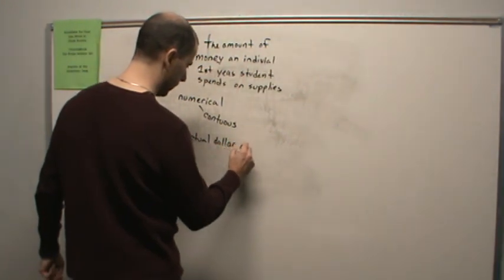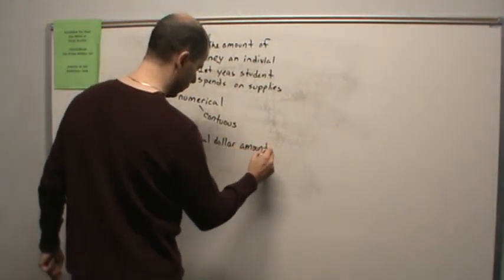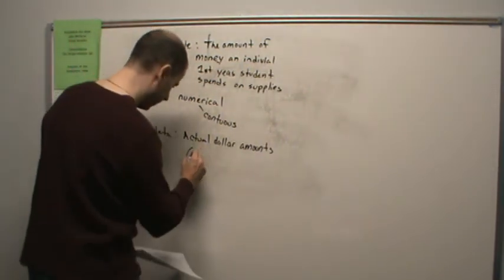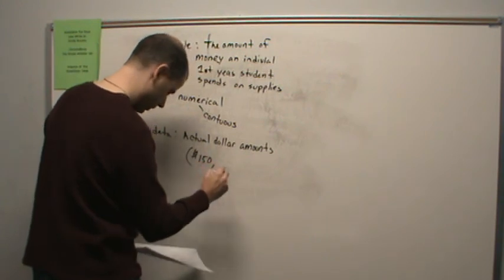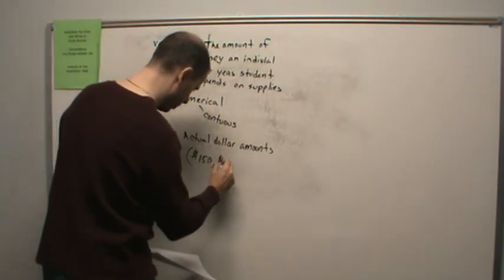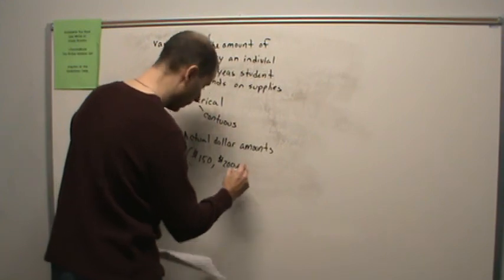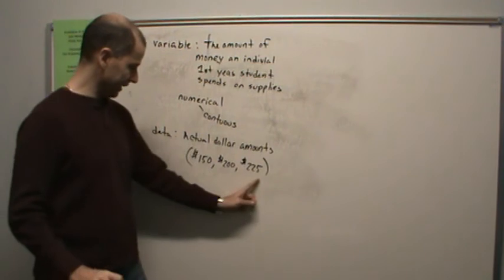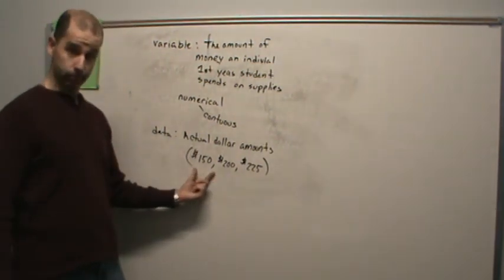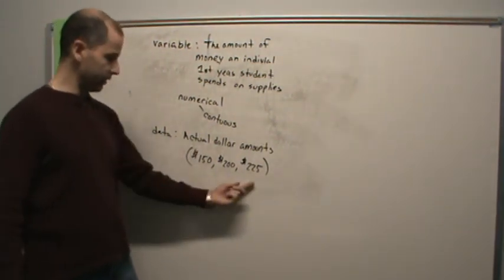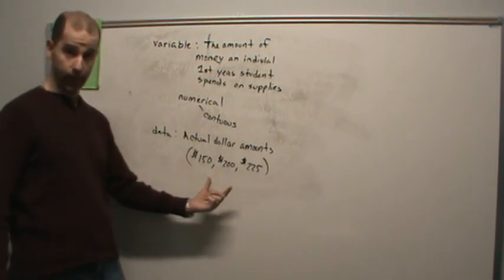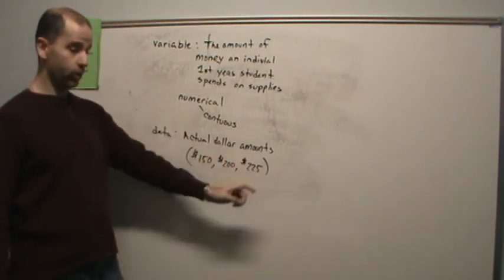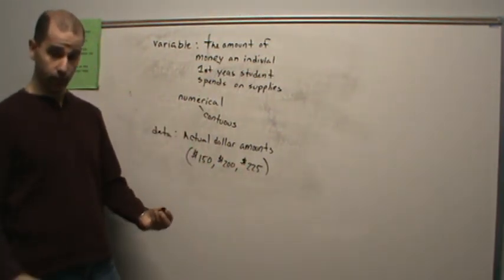They give us only 3 of them: $150, $200, and $225. So this is the data. One of these would be a datum. This is a collection of data. This is only 3 of the data, but this would be an example of data. The data in this problem is the actual dollar amounts of each individual.